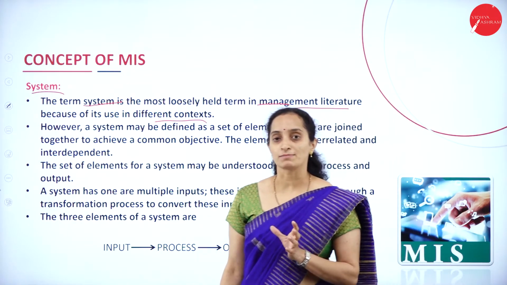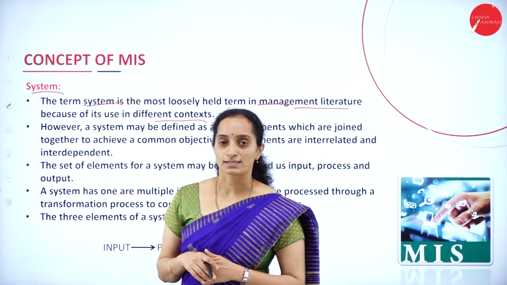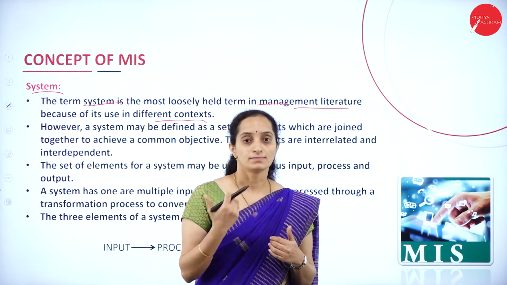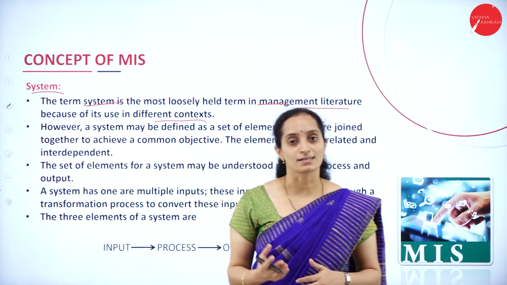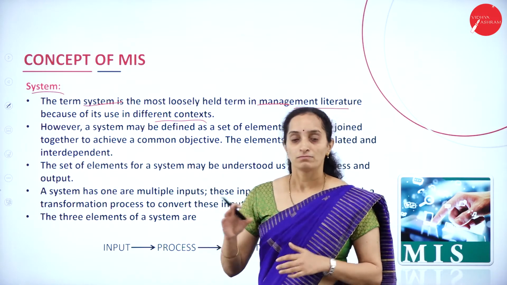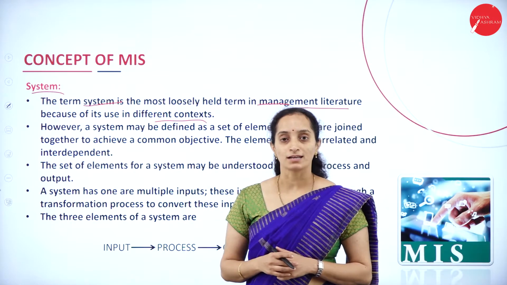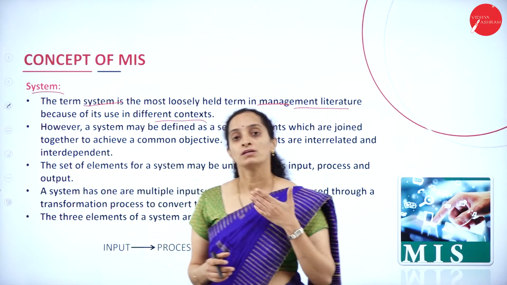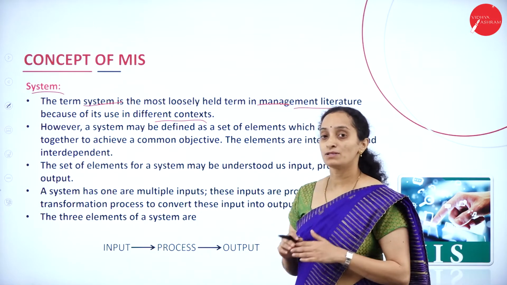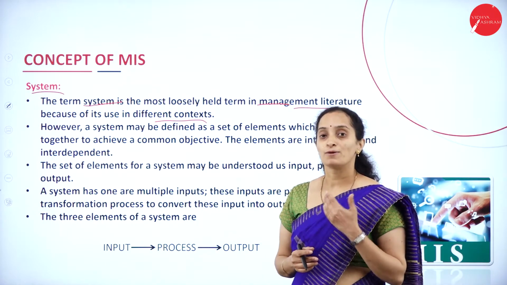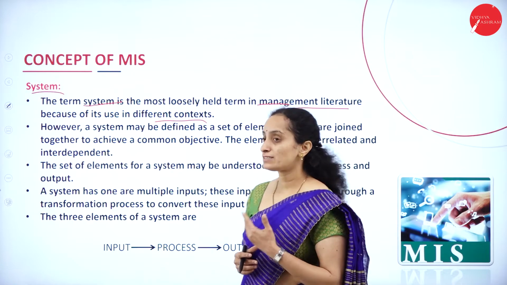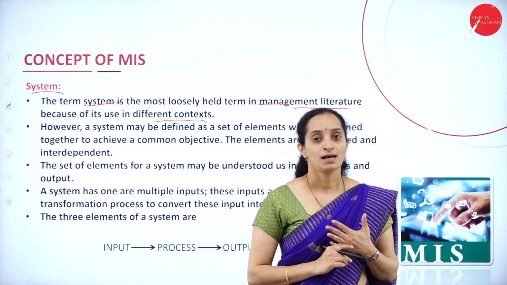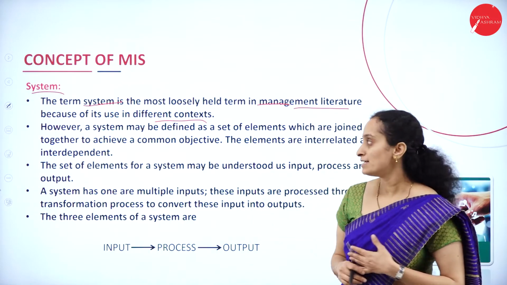The term system is used in so many contexts, like you'll have a particular system at work, or computers are also considered a system, or a general system. Outside, society is also a system. So we use the term system in so many contexts that the proper importance of system has been lost in our subject, that is management information system.